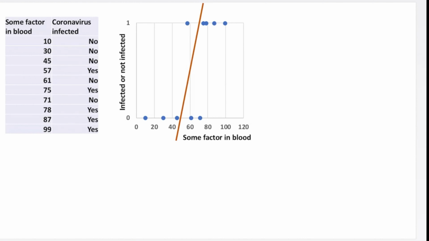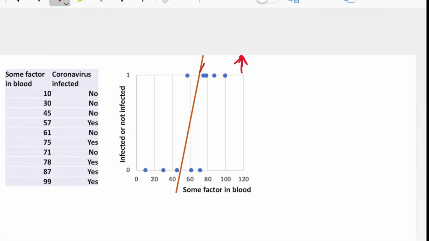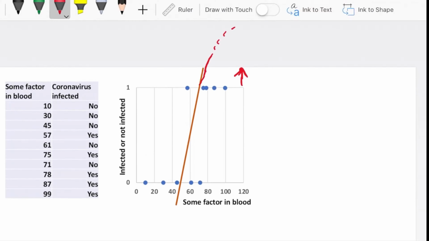Now notice that with this line, if we go for prediction and if our data contains a blood sample value with a factor of 120, the corresponding score will be very up in this direction, because if you extend this line upward, somewhere it will be meeting here.